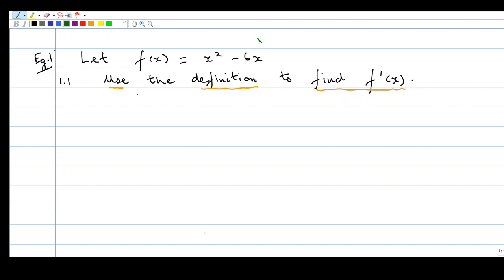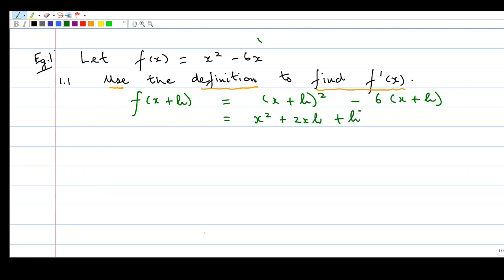To organize the expression on which the limit is going to operate, we need f of x plus h. So that's x plus h all squared minus 6 into x plus h. Squaring the binomial, x squared plus 2xh plus h squared, using the distributive law, negative 6x minus 6h.